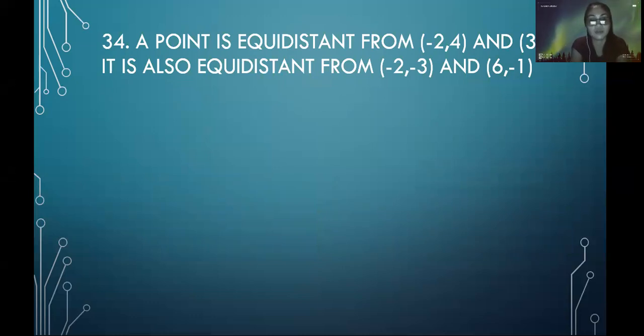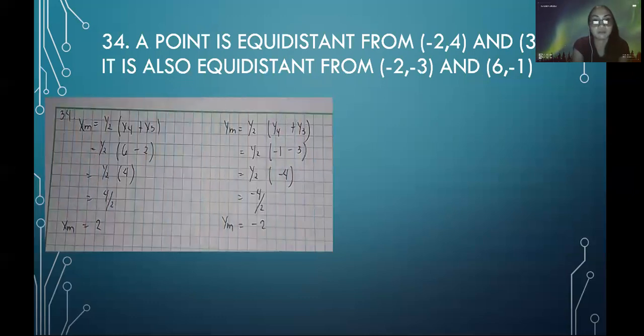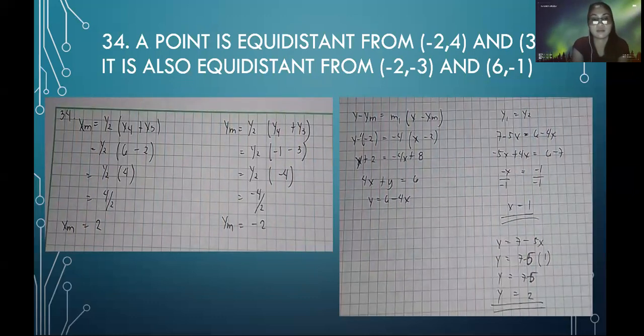Proceed to number 34. A point is equidistant from (-2, 4) and (3, 5). It is also equidistant from (-2, -3) and (6, -1). So the formula for x sub m is equal to 1/2 times (x sub 4 plus x sub 3), which equals 1/2 times (6 minus 2).